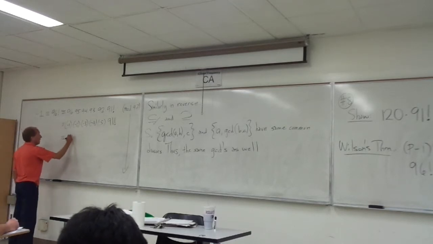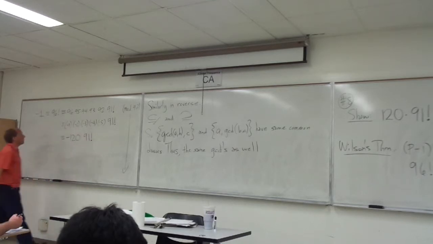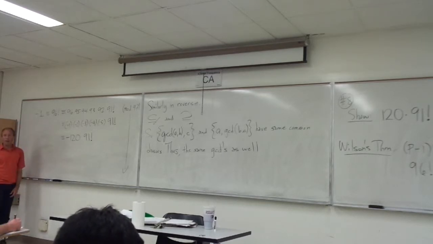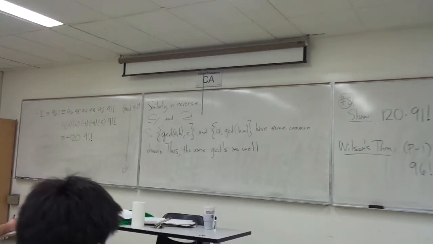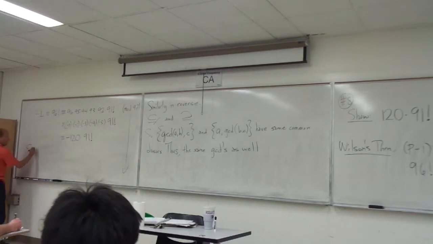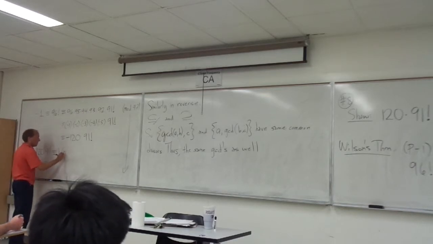So there's 5 minus signs, so it's a negative 120 times 91 factorial. And all that's the same as -1, so what am I going to do? Multiply by negative 1? I'll get a 1, exactly. So I basically cancel the minus signs, okay? So, 120 times 91 factorial is congruent to 1 mod 97.